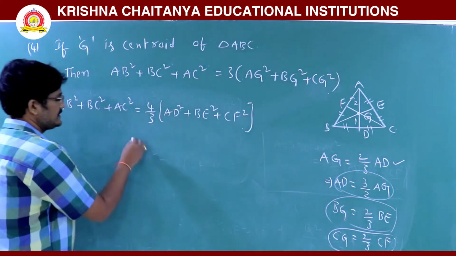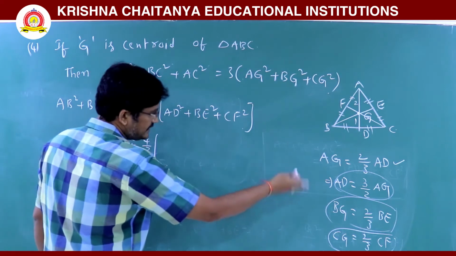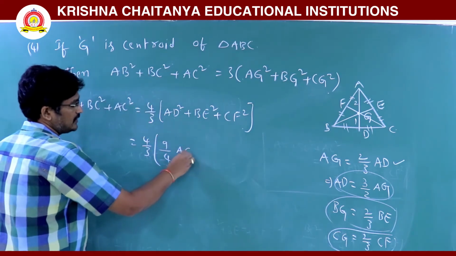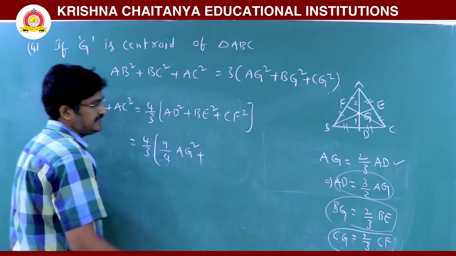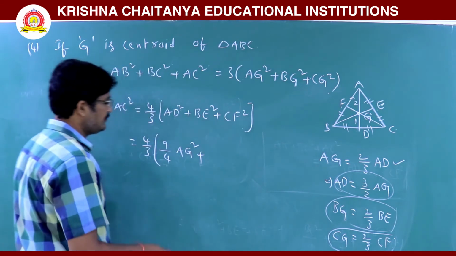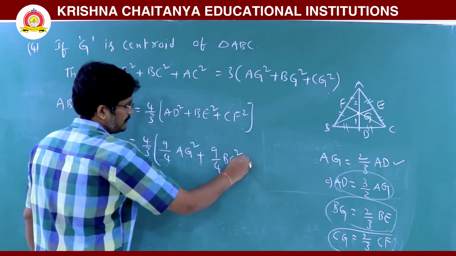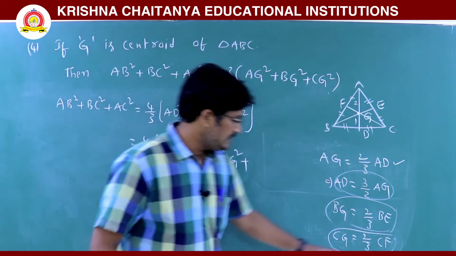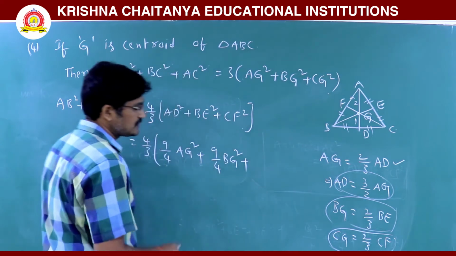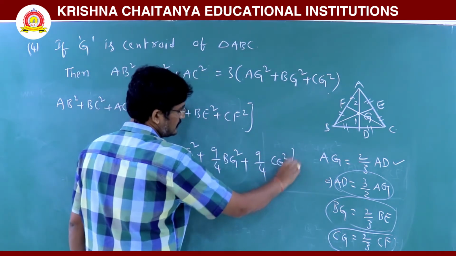See, this implies 4 by 3 times of AD, 3 by 2 AG whole square, means 9 by 4 AG square, plus BE, BE is equal to 3 by 2 BG whole square, 9 by 4 BG square, plus CF. CF is equal to 3 by 2 CG, CF square is equal to 9 by 4 CG square.